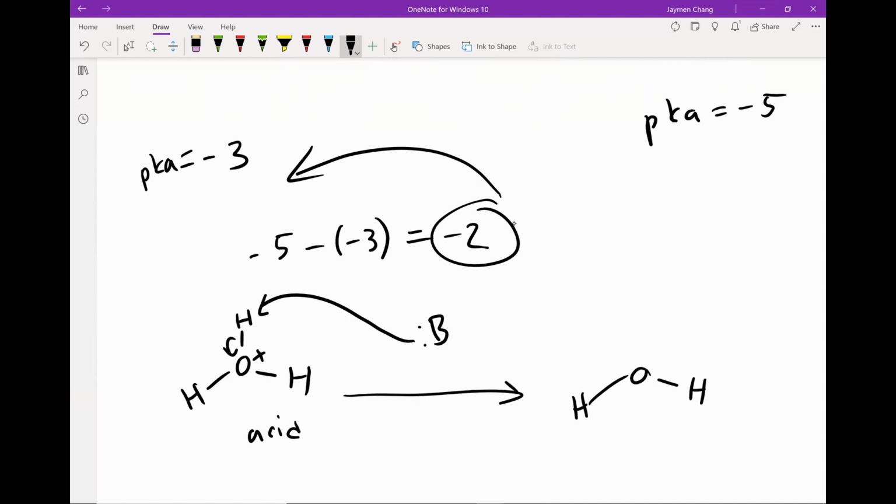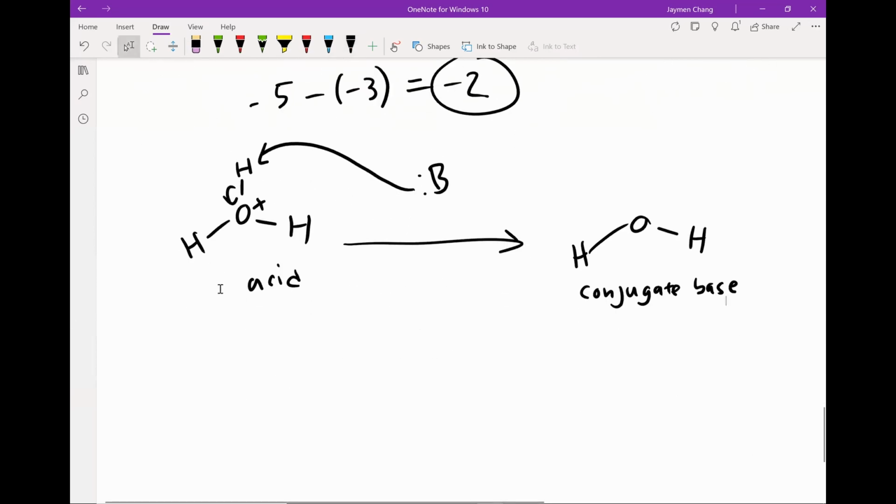And this is going to be the conjugate base. Now, water can actually act as a base or an acid, but the key thing here is the Bronsted.